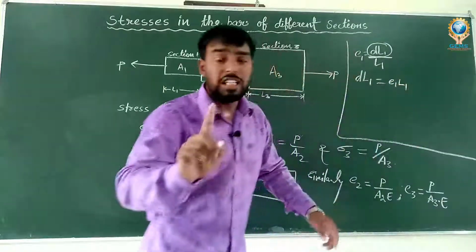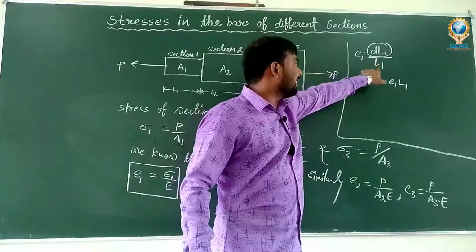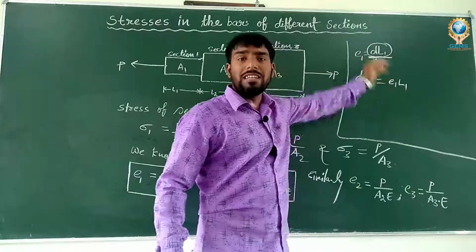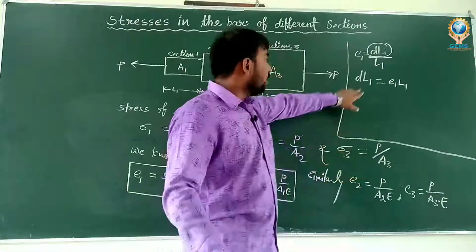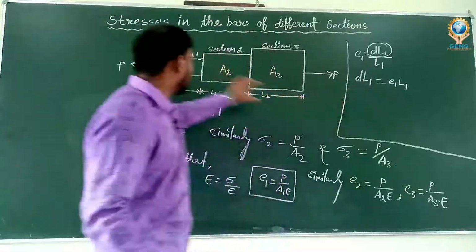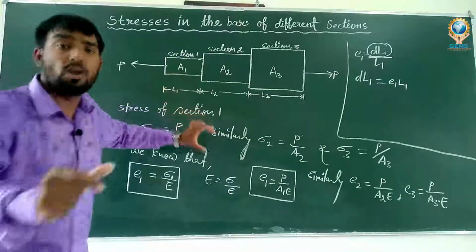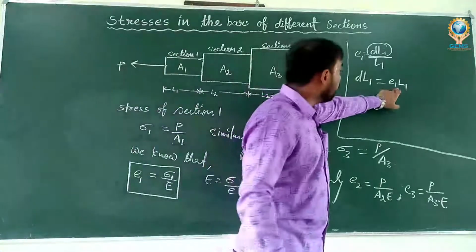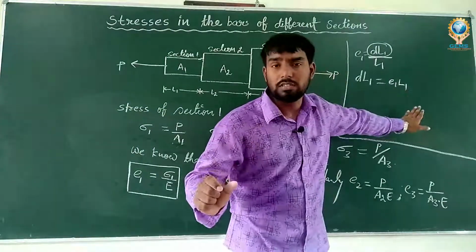Cross multiplication: L1 is in divide form, so when it goes to the other side it multiplies with strain. So the change in length, or extension, of section 1 is the strain of that section into the length of that section.